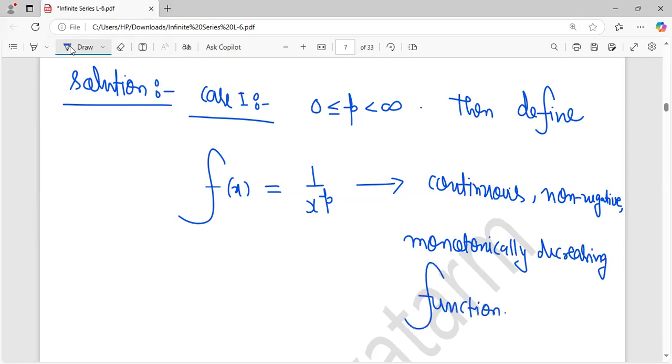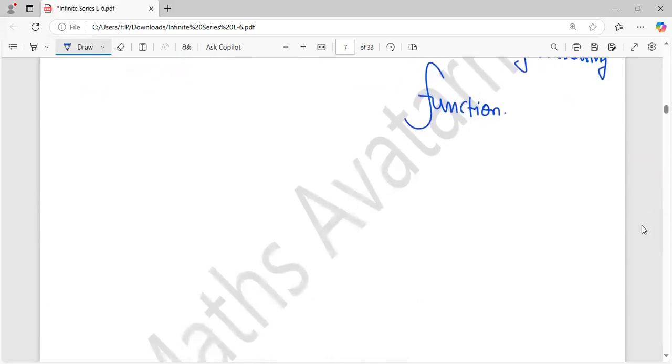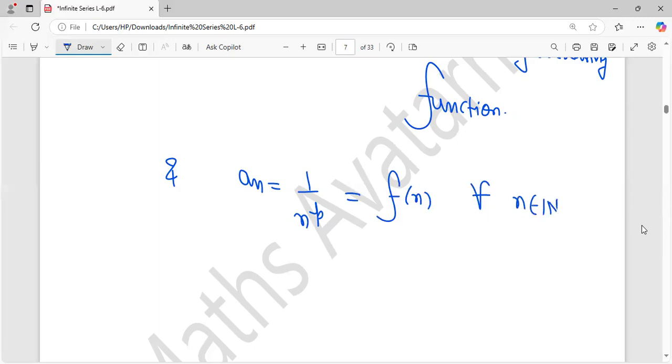And you also observe one thing: an is nothing but 1 upon n to the power p, that is nothing but f(n), for all n belongs to N.